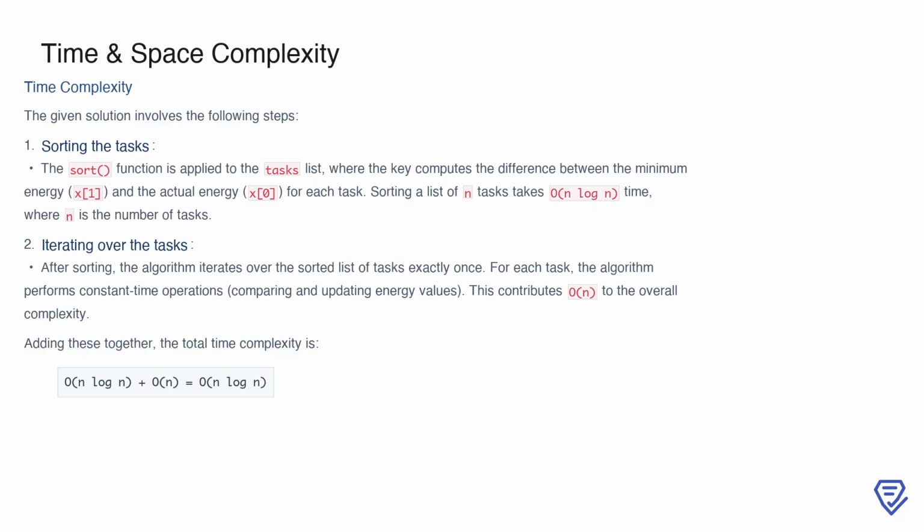During this iteration, we perform only constant time operations for each task, such as comparisons and updates to energy values. This contributes an O(n) complexity. Combining these, the total time complexity becomes O(n log n) plus O(n), which simplifies to O(n log n). This represents the dominant term in the complexity of the algorithm.